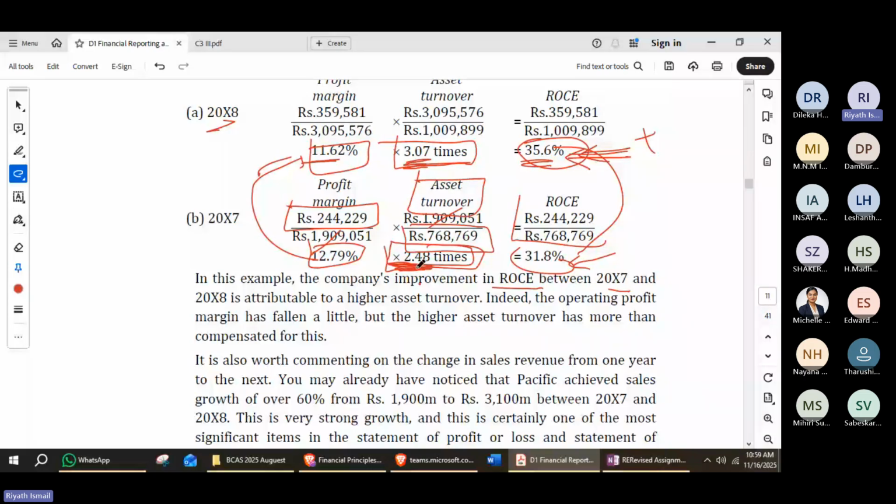They invested heavily in sales-generating assets like delivery vans and billboards, huge billboards. Indeed, the operating margin has fallen a little, but higher asset turnover has more than compensated for that.